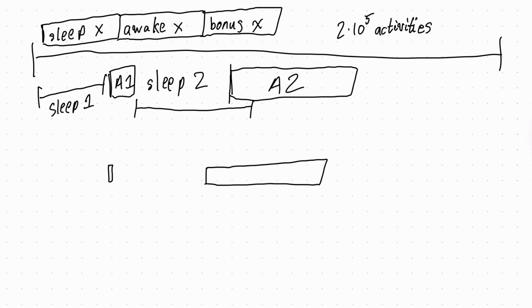So this works in this slightly easier problem where we don't have this constraint of needing to be awake for the first X units of time. So now let's go back and reintroduce this constraint. So this constraint actually is meaningful.